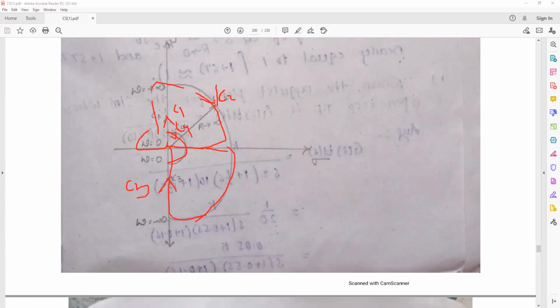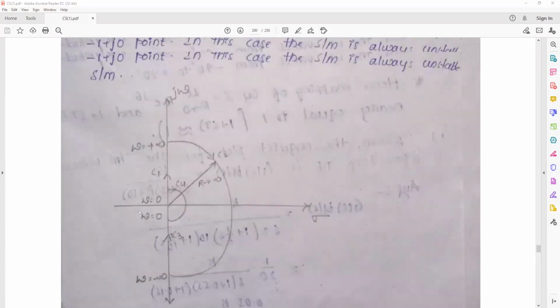It's a very simple diagram. So draw this Nyquist plot.